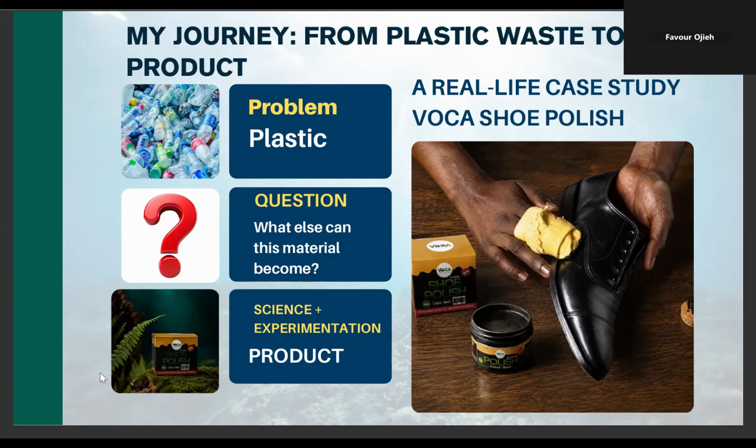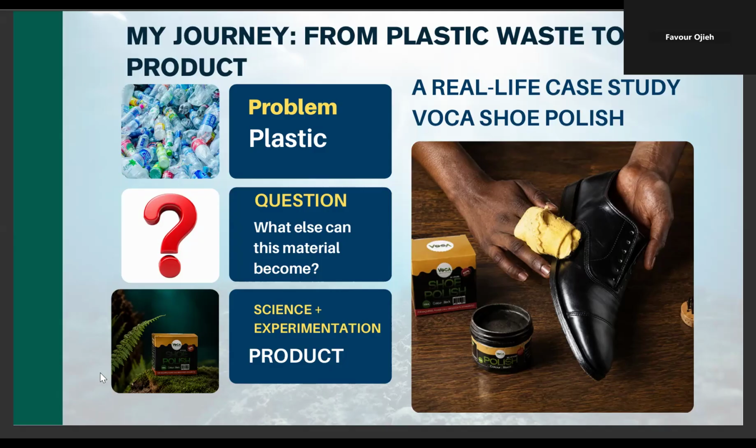So when we started this section the first time, I made mention that we should imagine a waste in our environment. And then at some point I asked, what waste do you see as a problem in your community? So now I'm asking, what is another material that can become a product?